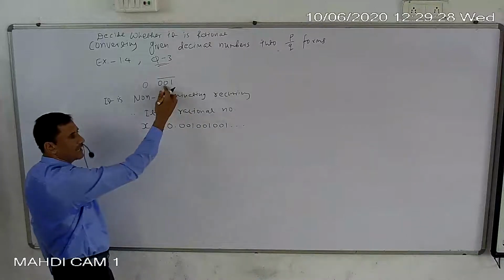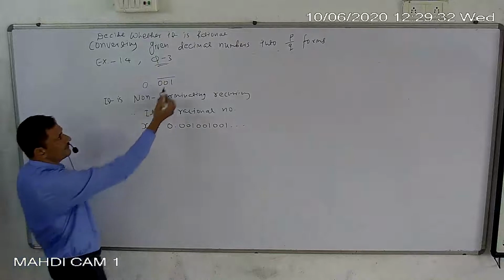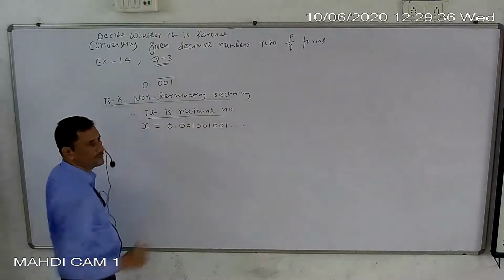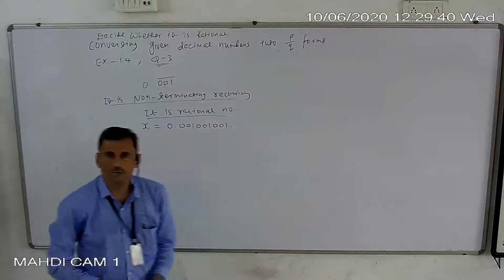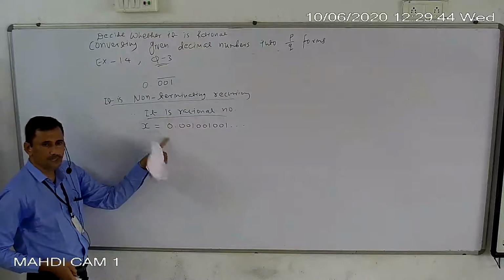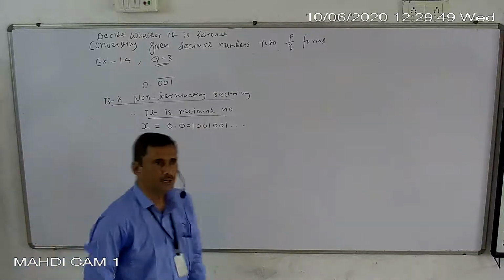Don't write in bar form; remove that bar. Remember, whenever you come across any bar number, it is always a rational number but non-terminating recurring, and you have to go through this process.